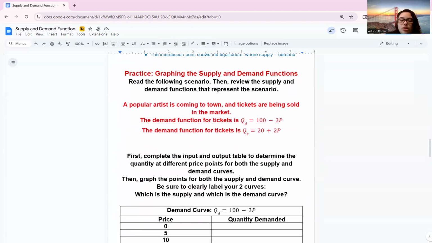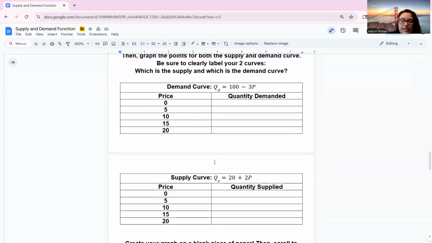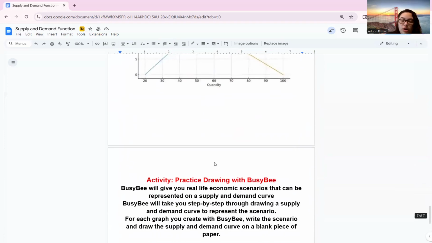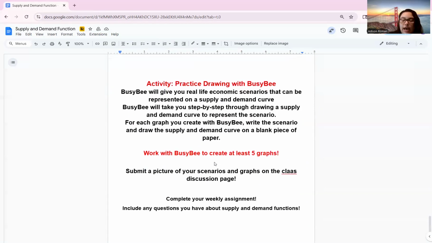So you'll get to work through an example here of graphing both a demand and a supply curve. And then you're going to get to compare your graph to the result here and pay special attention to that equilibrium point. It will be marked on the answer of the final graph.